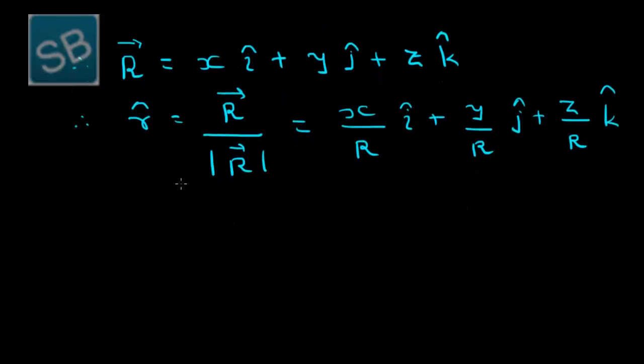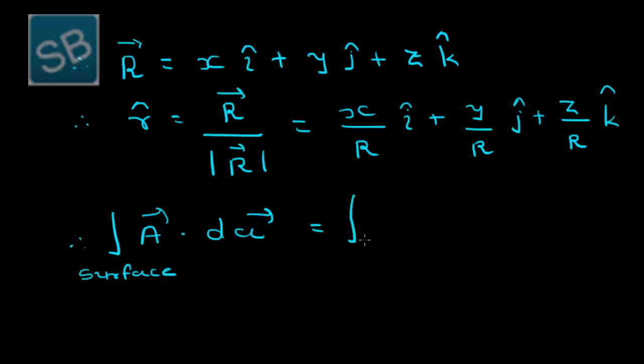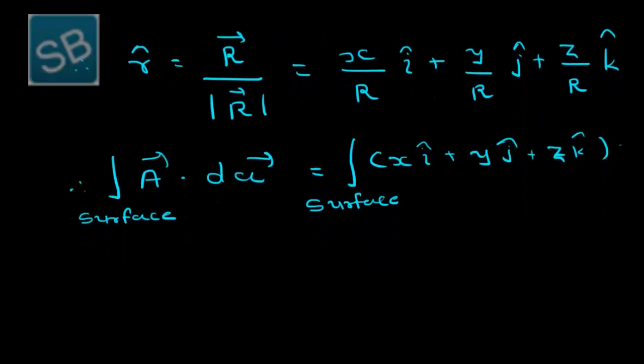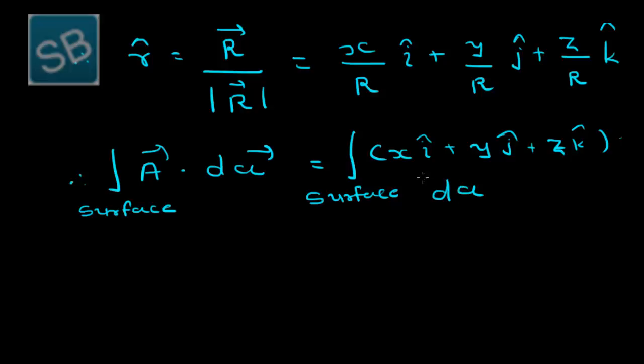Now the surface integration over the surface implies integration A dot dA, and this is nothing but the surface of a sphere, so I am only considering over here the surface because we have taken the sphere. Now in the integration, the value of A is x i cap plus y j cap plus z k cap into dA into r cap.